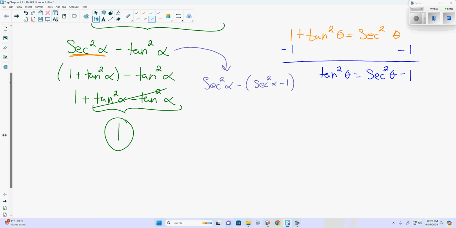But we're subtracting it, so that negative does have to be applied to both. Our secant squared of alpha here is going to become negative secant squared of alpha. Our negative 1 becomes plus 1. Again, secant squared minus secant squared is 0, giving us 1. Different ways to get there, but we still get to the same result. Does that make sense? So it's just using these formulas to get to what we want.